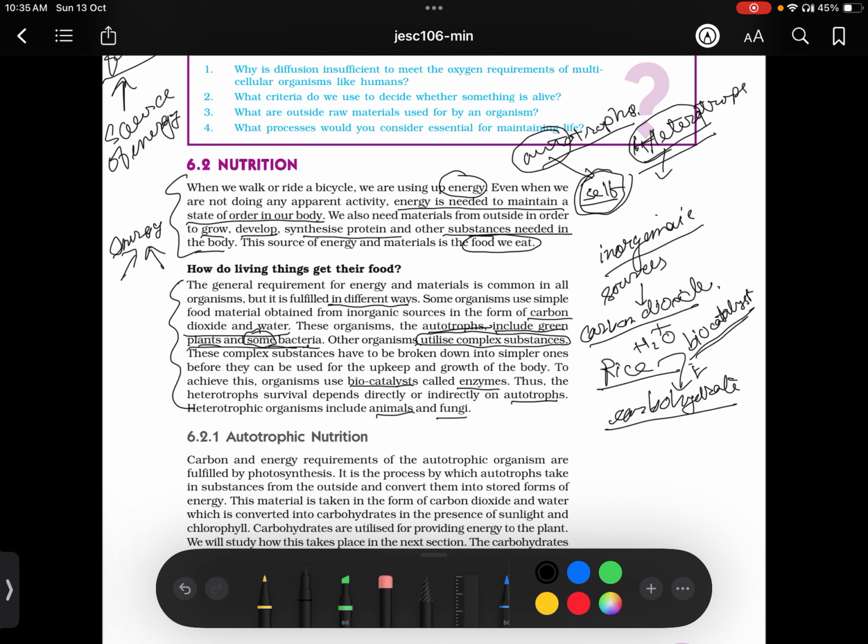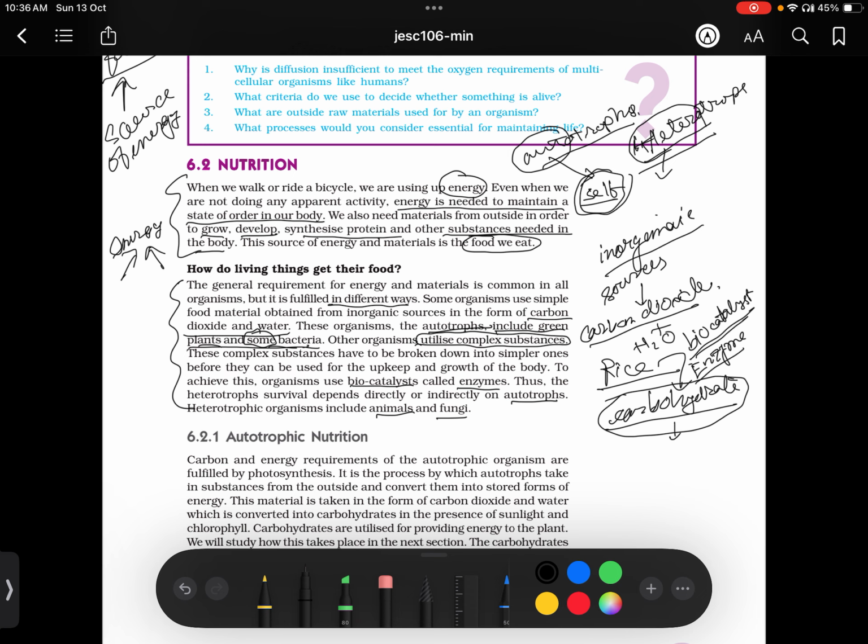These are called enzymes. So you have to remember this. The enzymes help in breaking down complex food substances into simpler forms so that they get absorbed in our body and we can utilize them as a source of nutrient, and from those nutrients we derive energy.